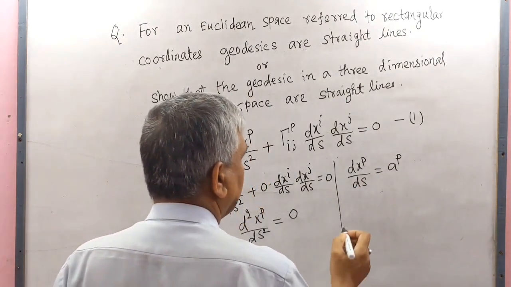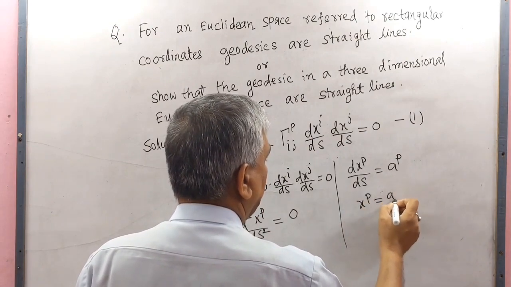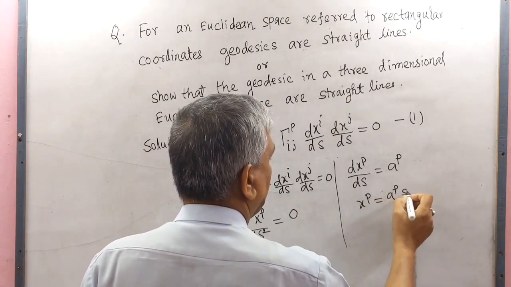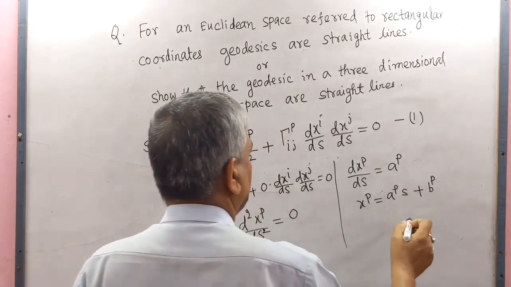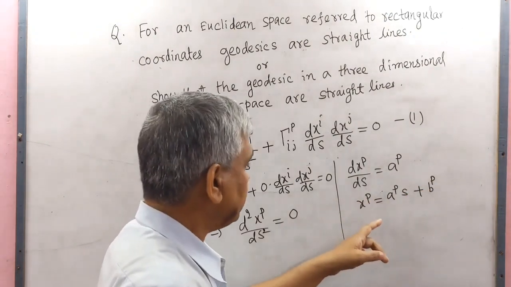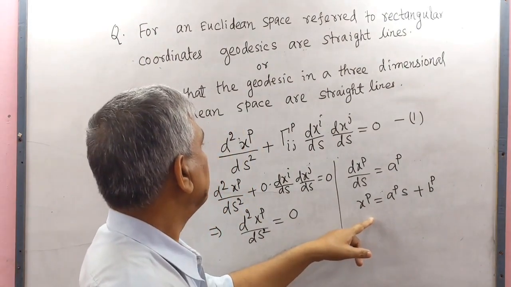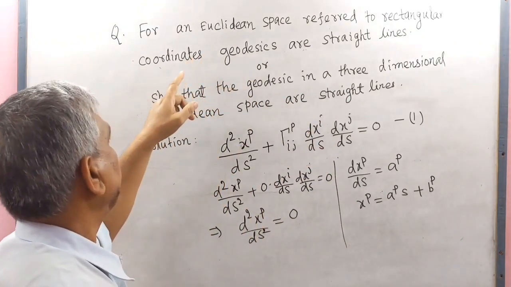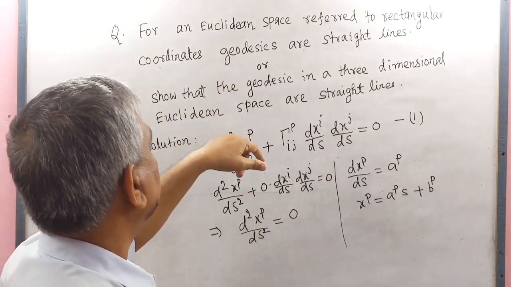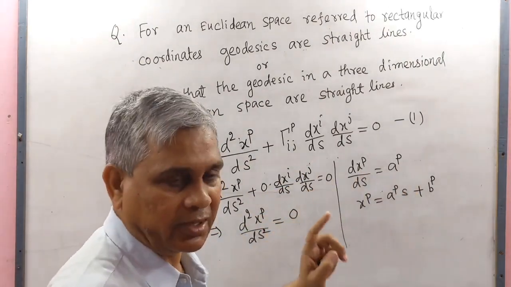Again integrating, we get xp equal to ap s plus bp, another constant. This is an equation of a straight line. So in the case of Euclidean space, the geodesics are straight lines.